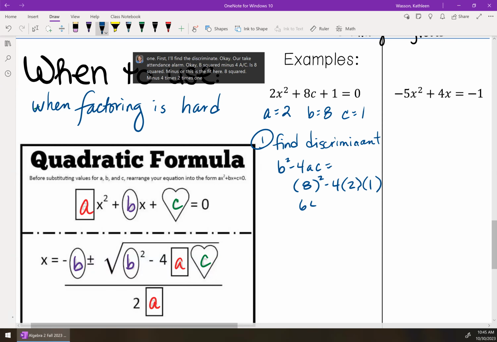So I have 64 minus 8. That's 56. This is a positive number, so I'll have 2 real number solutions.